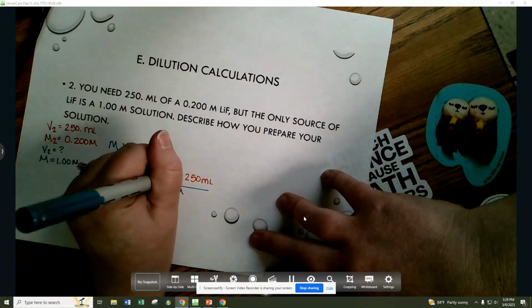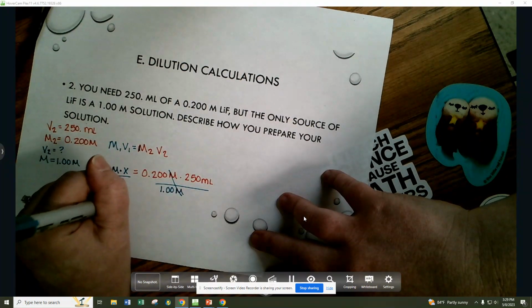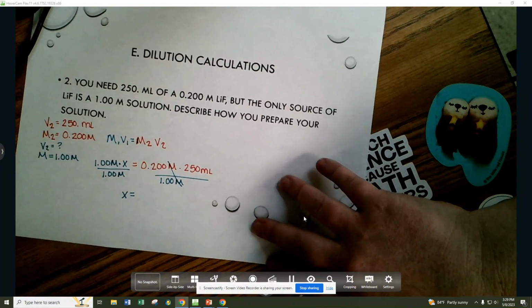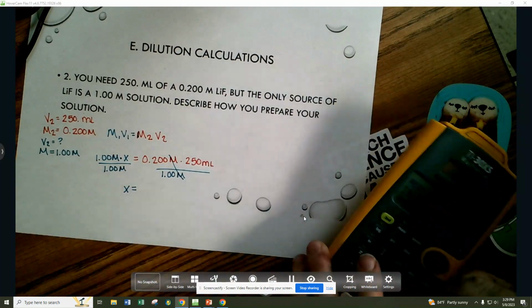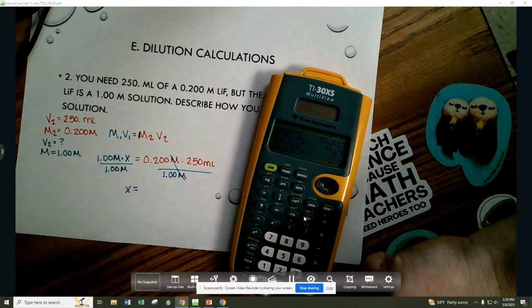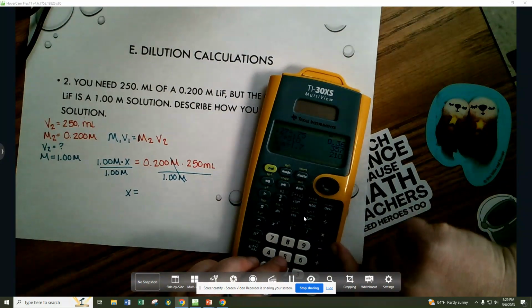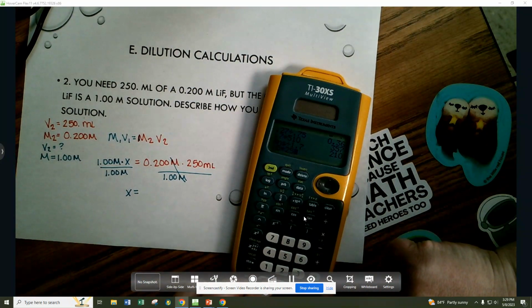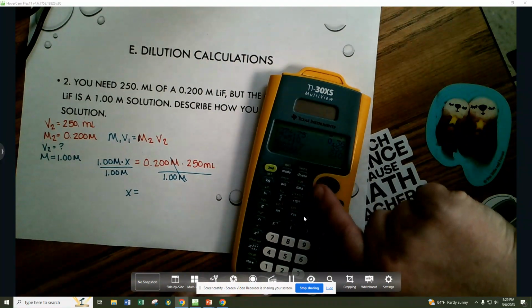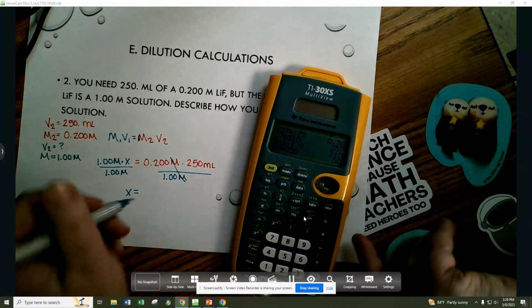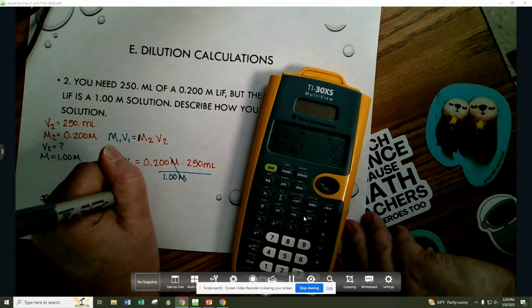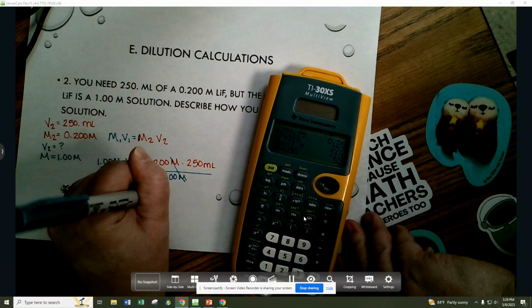And again, that just shows the canceling of units. This is going to result in milliliters, and it doesn't specify a unit, like it has to be in liters. So we just take 0.2 times 250, and with 2 sig figs the answer is 50 milliliters.